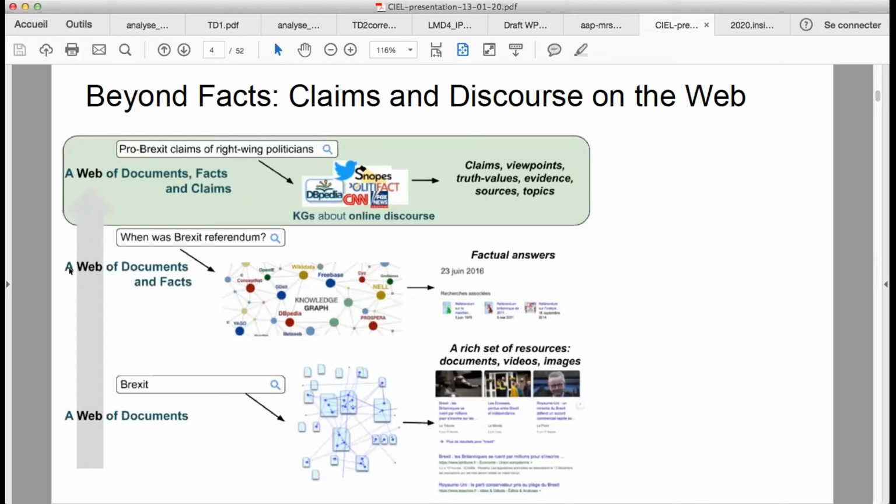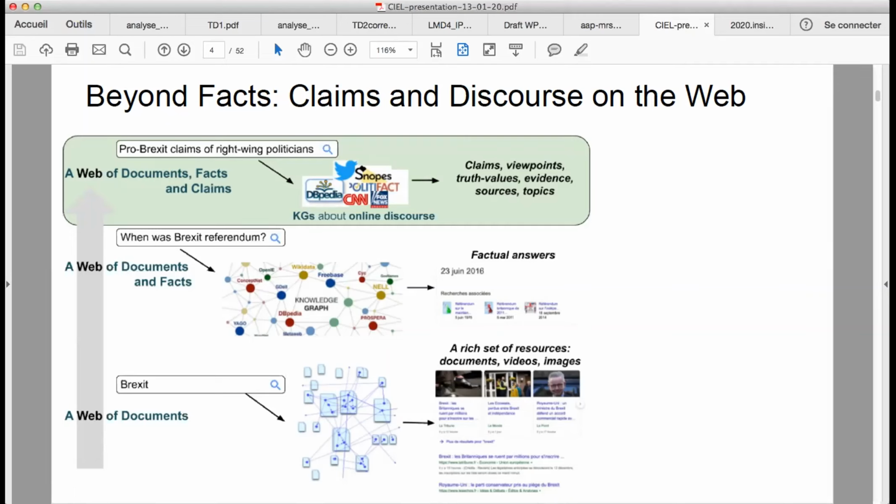For example, by using keyword-based search, like typing a couple of keywords, for example, Brexit, we will be able to access results in the form of images or video or text documents.